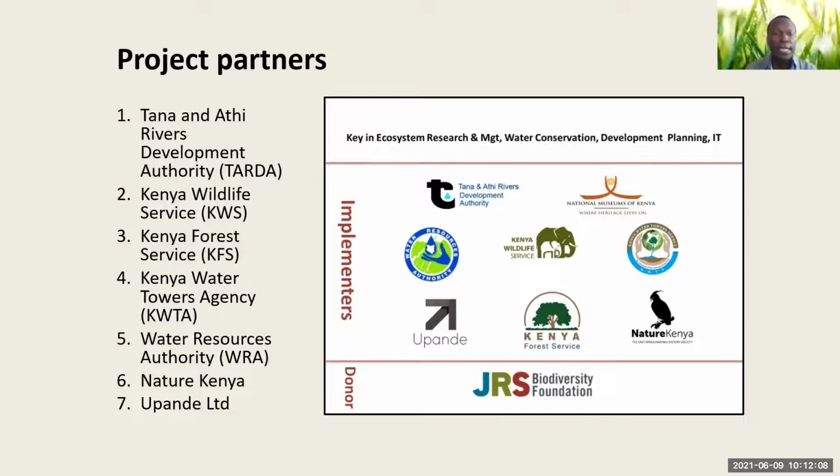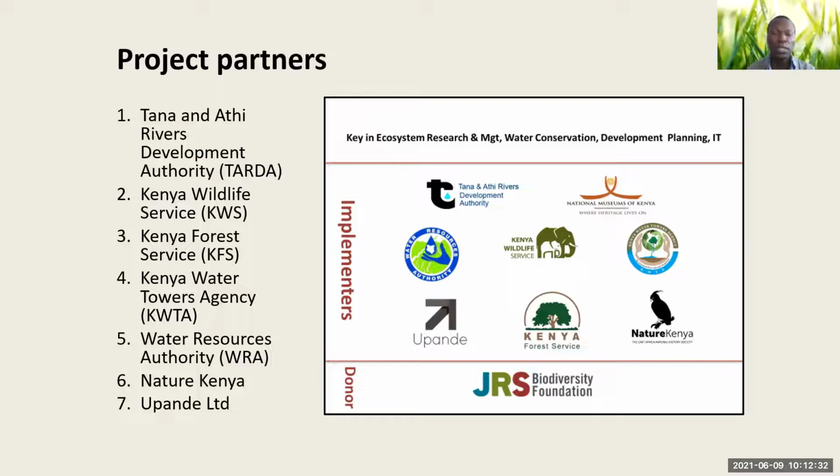And the Kenya Wildlife Service, they are in charge of managing all the wildlife in Kenya. Kenya Forest Service in charge of managing all the forests. The Kenya Water Towers Agency, they are in charge of managing water sources so that they are well conserved and sustained.